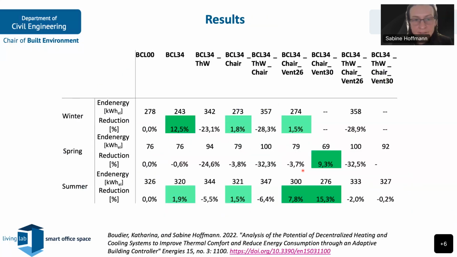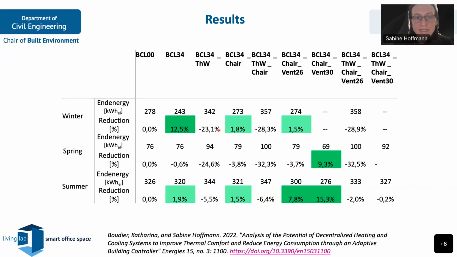Here is an overview of the results, and I cannot go into detail due to the limitation of the 15 minutes. But what I can say from this very extensive study was that the chair always got good results in terms of maintaining thermal comfort.